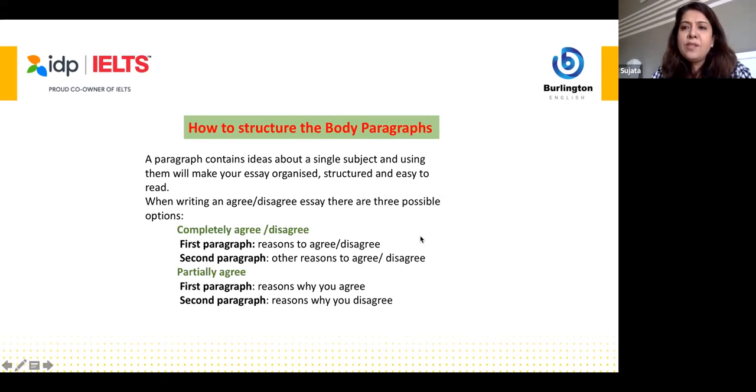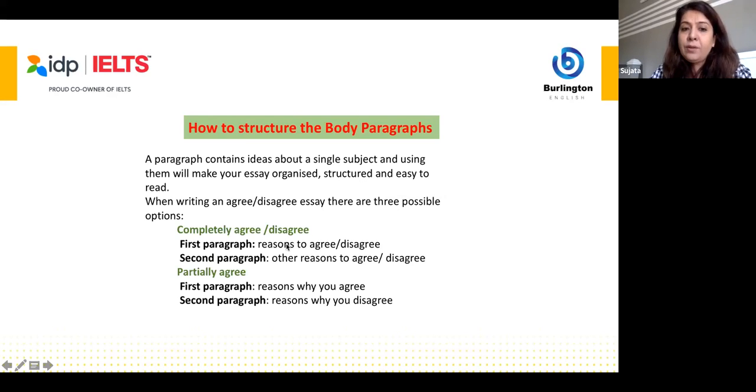So what happens in the body paragraph once the intro has been done, not more than 5 minutes for the intro for writing, comes the body paragraph. Now you need to understand a body paragraph is a place which contains ideas about what you have responded. And they have to look organized, structured, and easy to read.